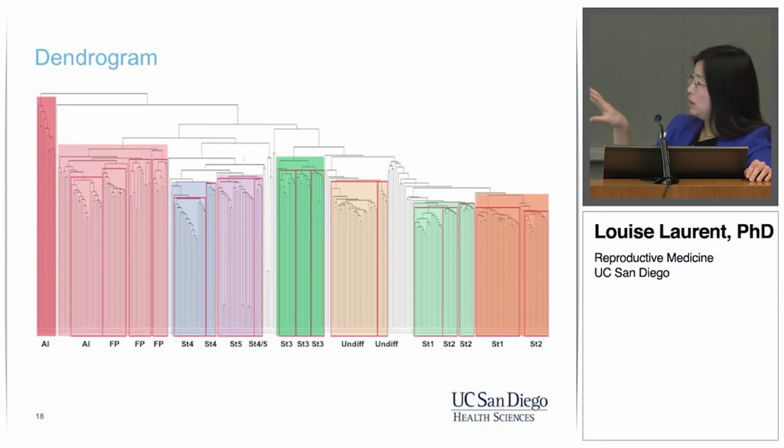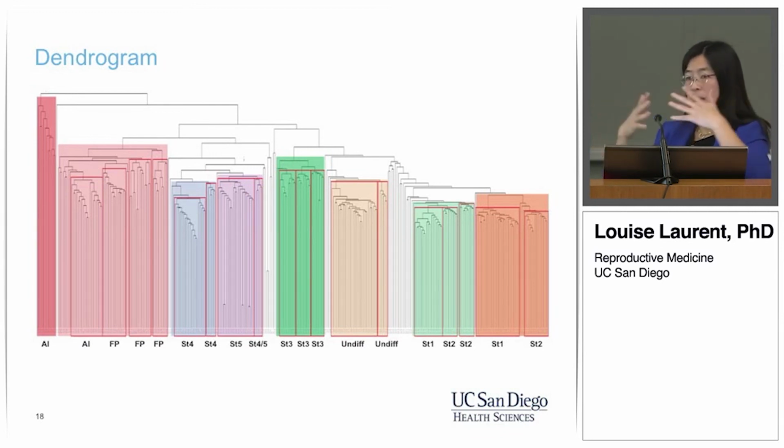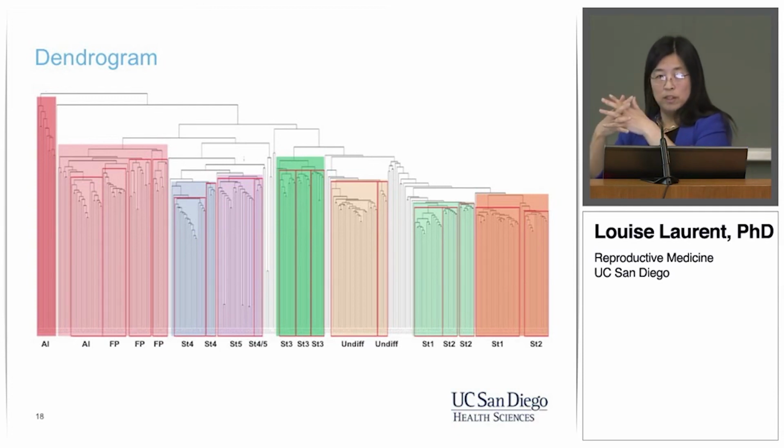You also see as you keep on moving right, it's actually becoming less and less differentiated in this particular graph, that there are mixtures in the populations of stage 4 and stage 5. Stage 3 is pretty clean. There's an undifferentiated stage next, and then stage 1 and stage 2, there are 2 clusters, and stage 1 and 2 cells sort of interdigitate.